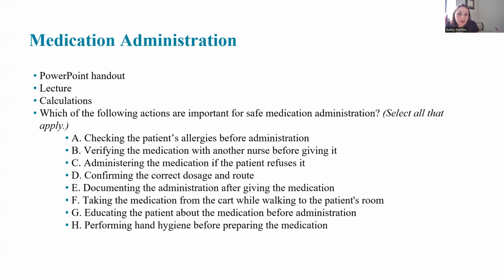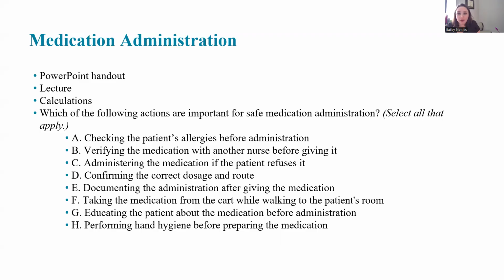You should definitely know how to do math by now. Our MedAdmin, remember that is the routes and things like that. Which of the following actions are important for safe medication administration? Should you check the patient's allergies before administration? Absolutely. Should you verify the medication with another nurse before giving it? False.